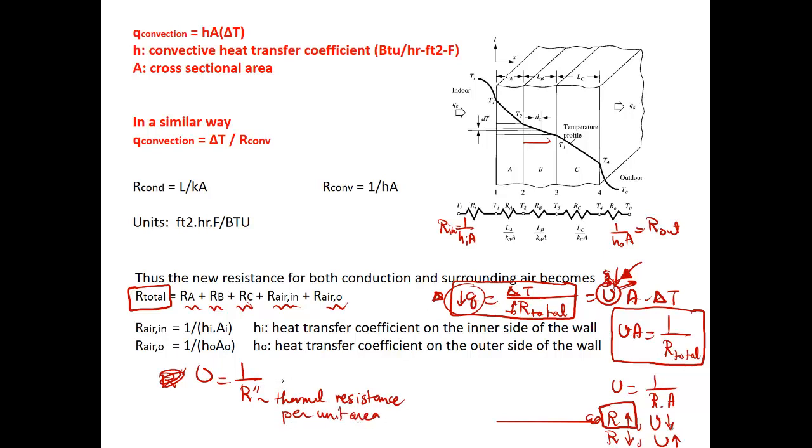So if you compare this to the other equation, R double prime becomes equal to R times A. Or if you want, R as R double prime divided by A.